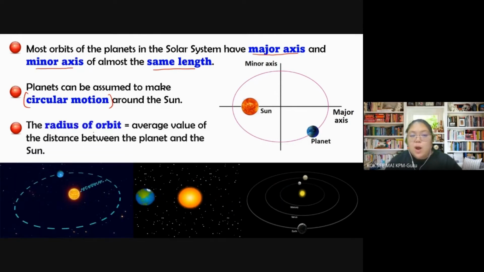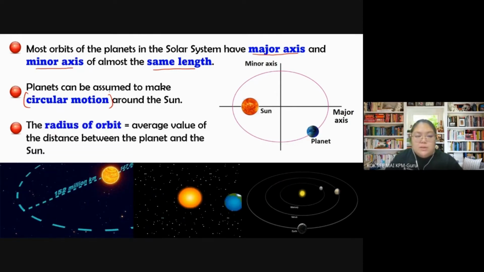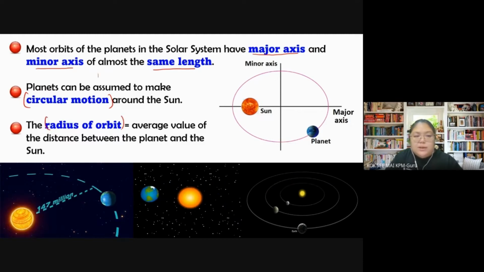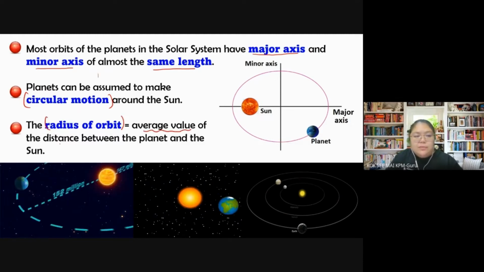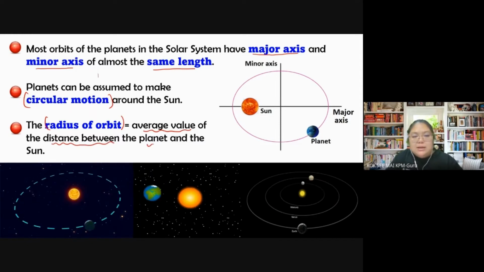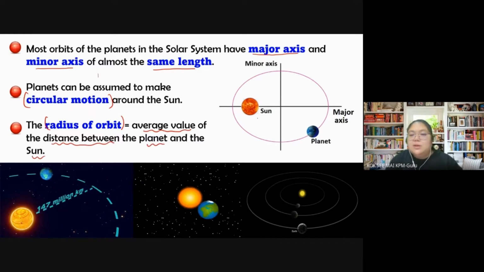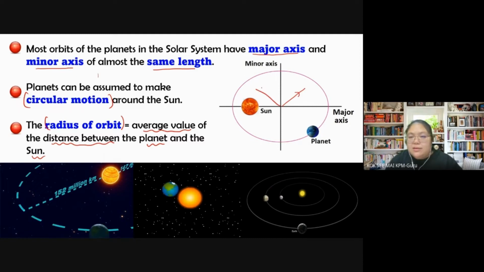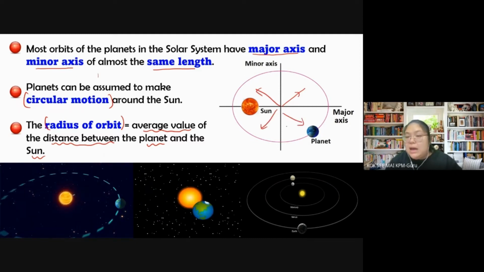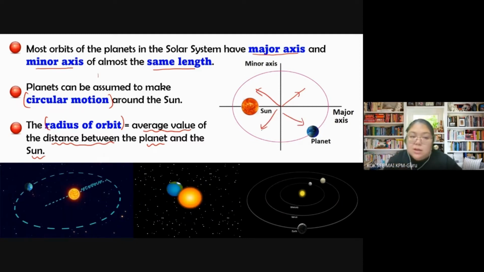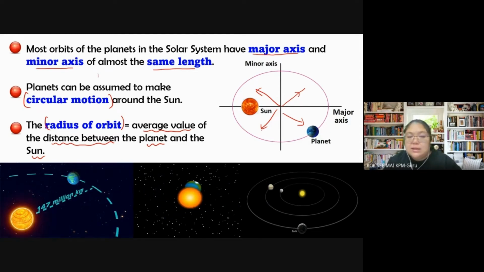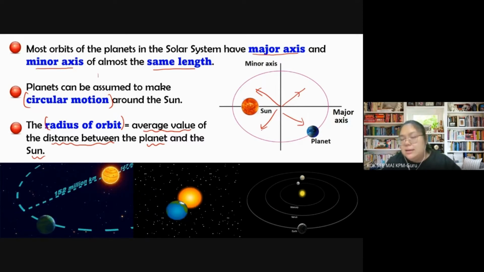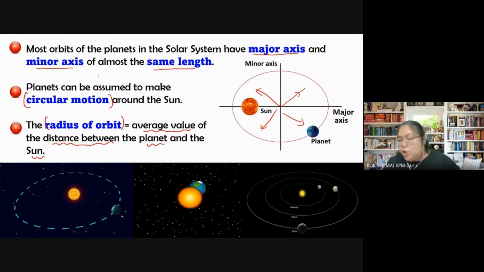Okay, and the last one, the radius of the orbits. The radius of the orbit is an average value of the distance between the planet and the sun. So we can say for every part, the radius should be the same, because you assume it's a circle. Sure, it gets bigger and shorter because the minor and major are different, but from here they just take the average.